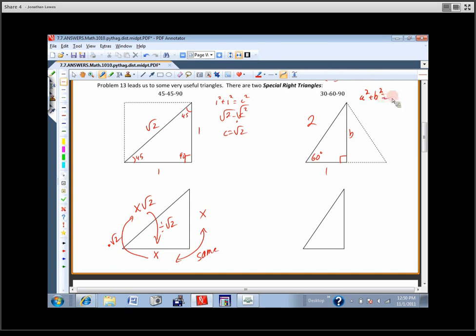Okay, so we're going to take this and we're going to say a squared plus b squared equals c squared. That's going to be 1 squared plus b squared equals 2 squared. That's going to be b squared equals, let's see, 4 minus 1, so that's going to be a 3. So b is radical 3.